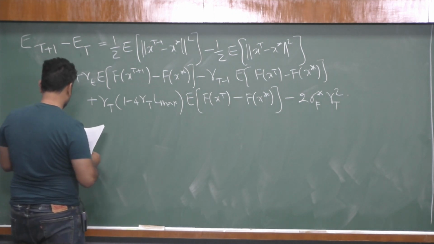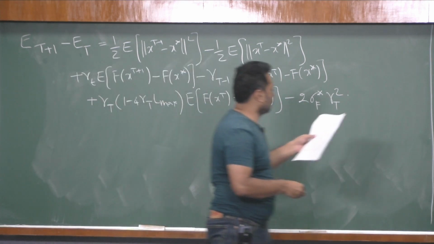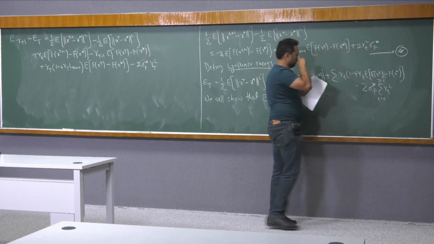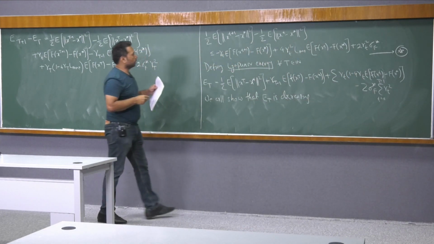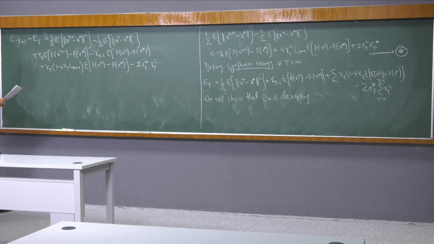So let us give this some number. Let us say this is equation star. We will use that star to show that this is less than or equal to 0. So if you look into the star, what are the terms you already have? The terms that we already have, we can underline.